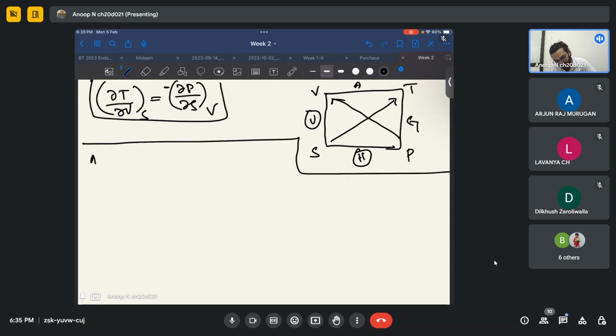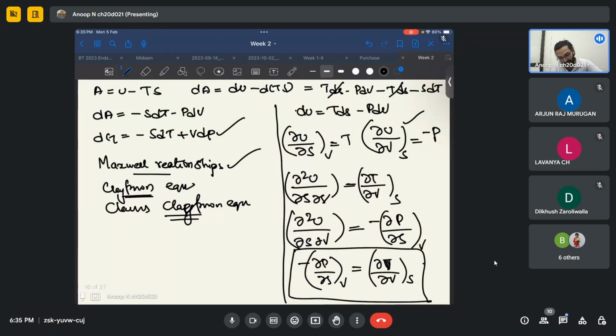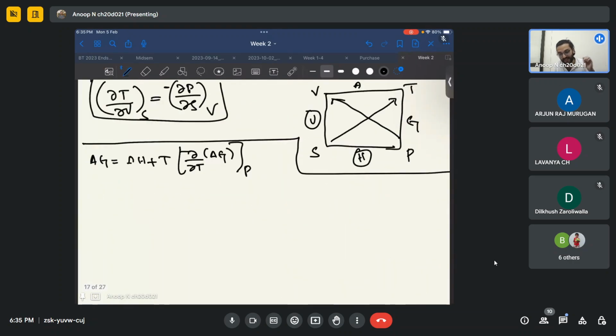From where we started, ΔG is equal to ΔH plus T (∂/∂T) of ΔG at constant pressure. Now if you link this equation, you'll understand how this relation came. We know ΔG is equal to minus nFE, which is the Helmholtz relation.